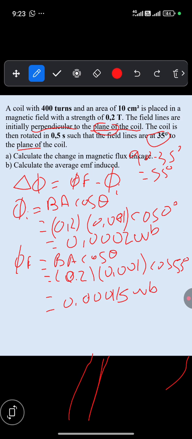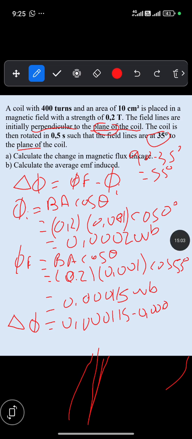Then you subtract the initial flux. So the change in magnetic flux is equal to the final flux, 0.000115, minus 0.0002, which is equal to negative 0.000085 Webers.